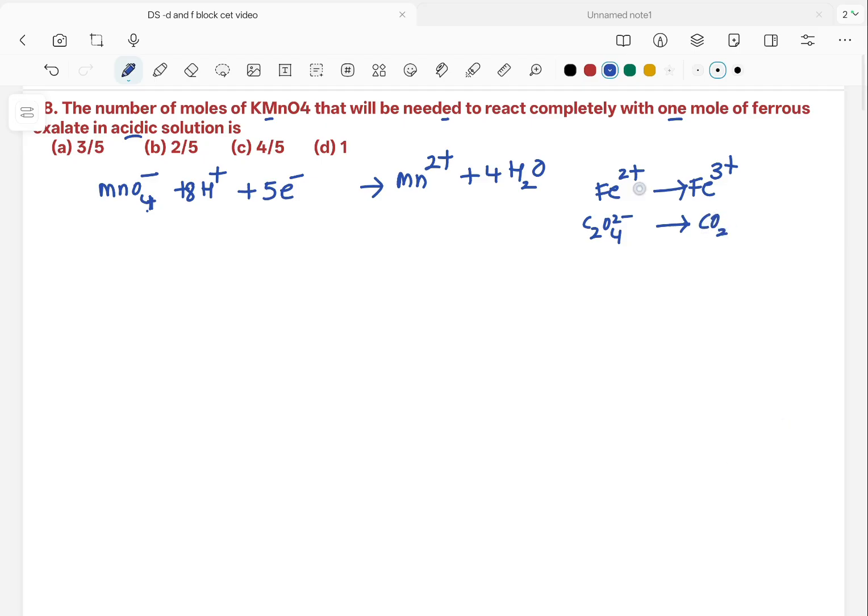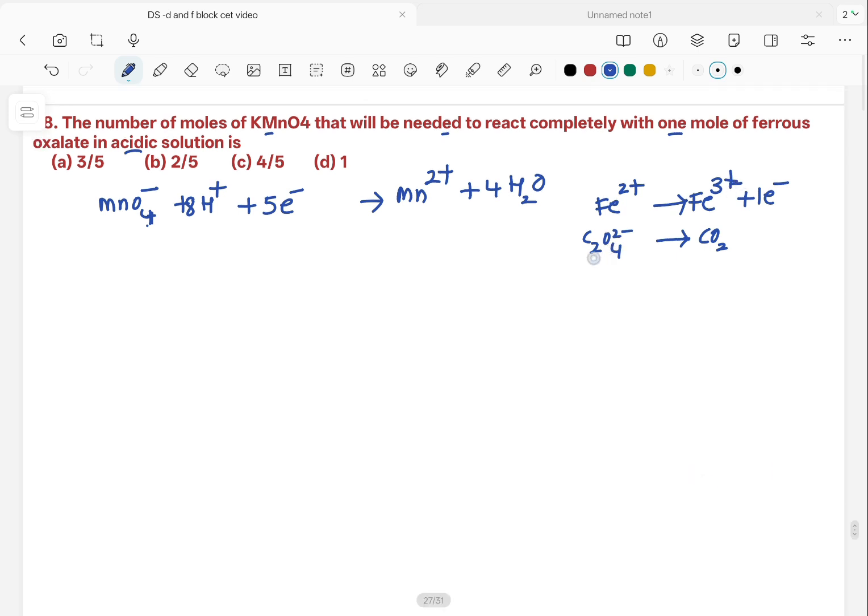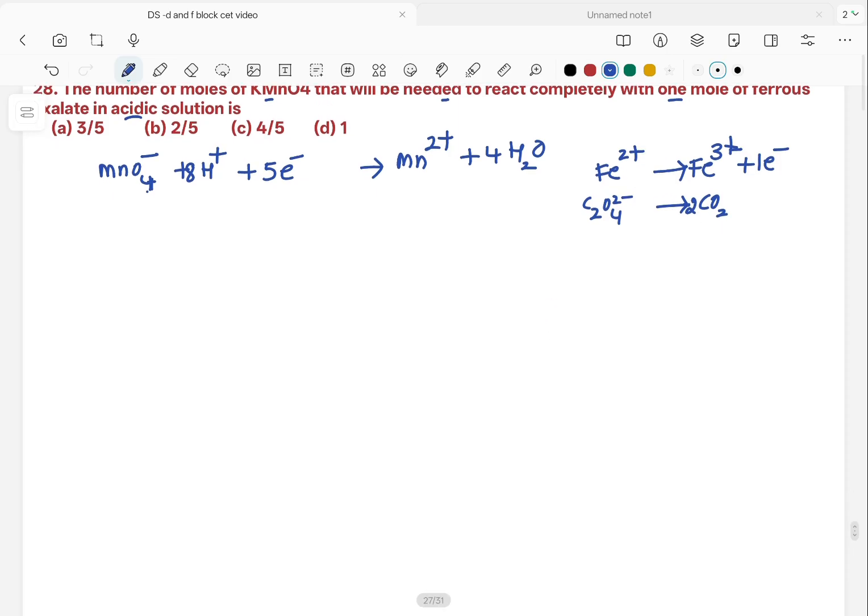When we balance here, the ferrous ion will lose 1 electron and get oxidized to Fe3+. For the oxalate ion, there are 2 carbon atoms, so I'll put 2 here, and there are 4 oxygen, 2 2s are 4 oxygen. To balance the charges, we will add 2 electrons on this side, meaning 1 molecule of ferrous oxalate will lose 3 electrons and get oxidized in the presence of permanganate.